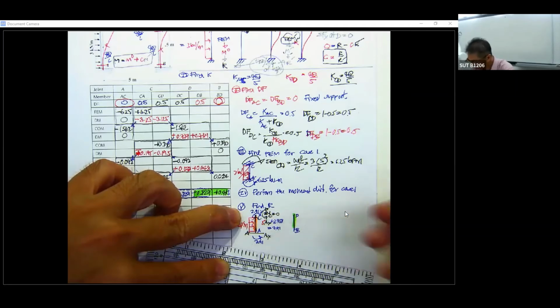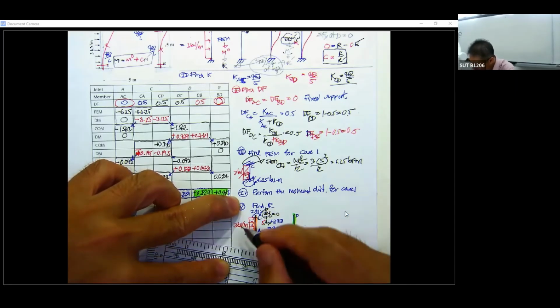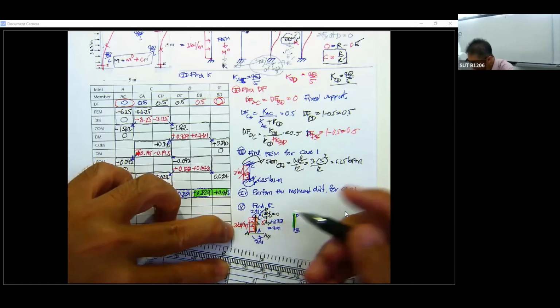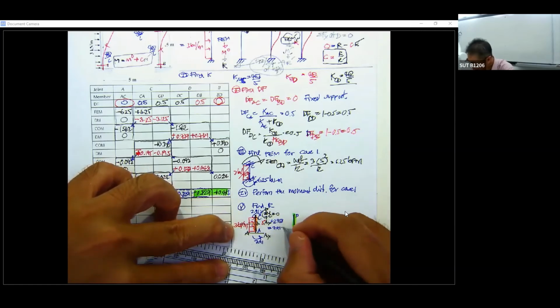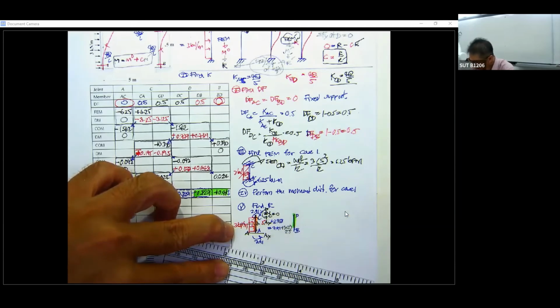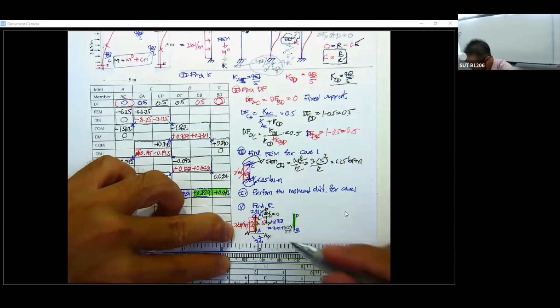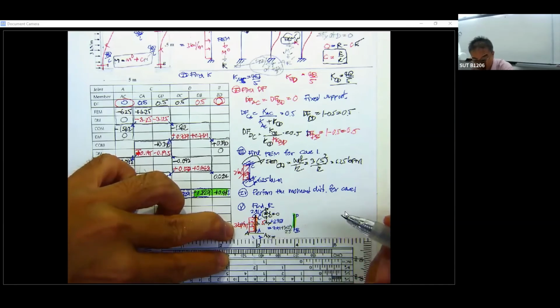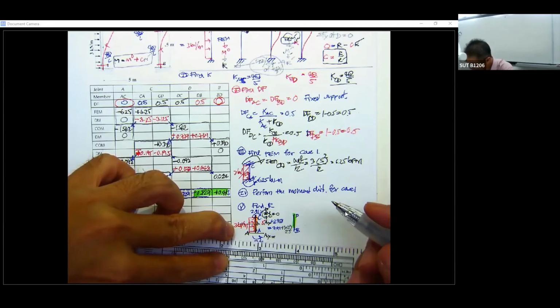You also have this one, which is going to be 3 times 5 times half of this, 2.5. By careful computation, you will get A sub x to be 8.49.